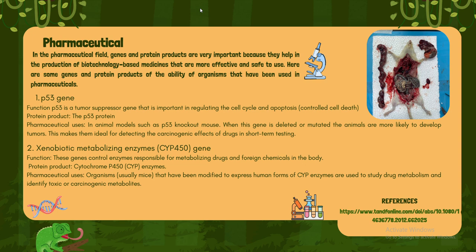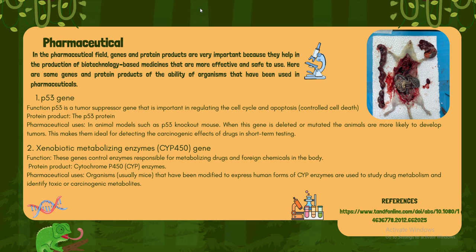The number one is the P53 gene. Function: P53 is a tumor suppressor gene that is important in regulating the cell cycle and apoptosis, controlled cell death. Protein product: the P53 protein.